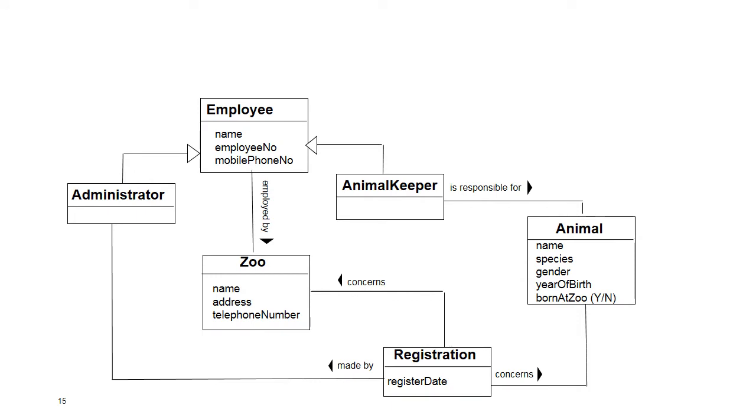And we will put the three common attributes in this more generalized class, and we will also create this association between the employees and the zoo.